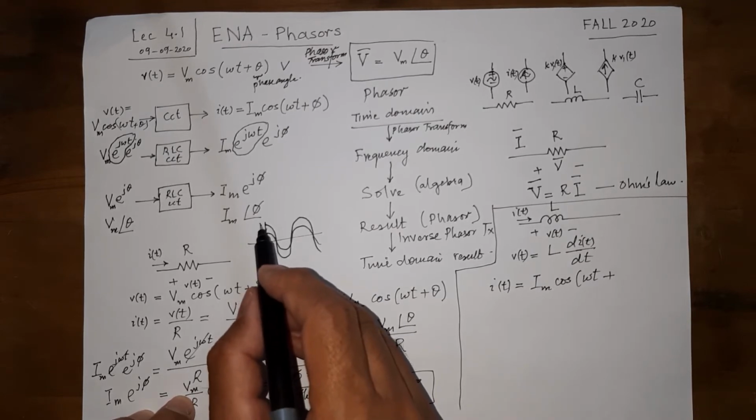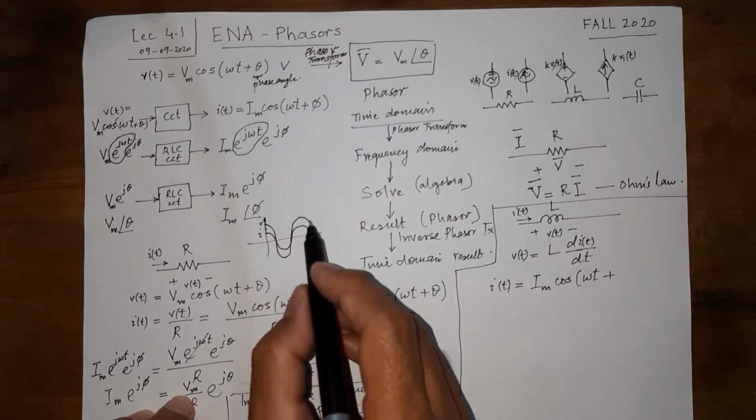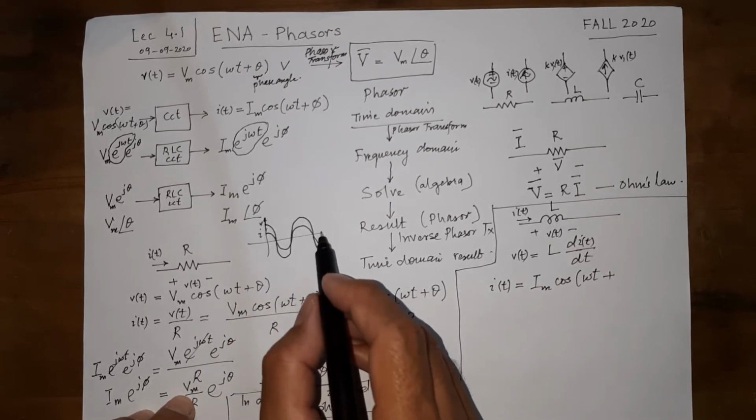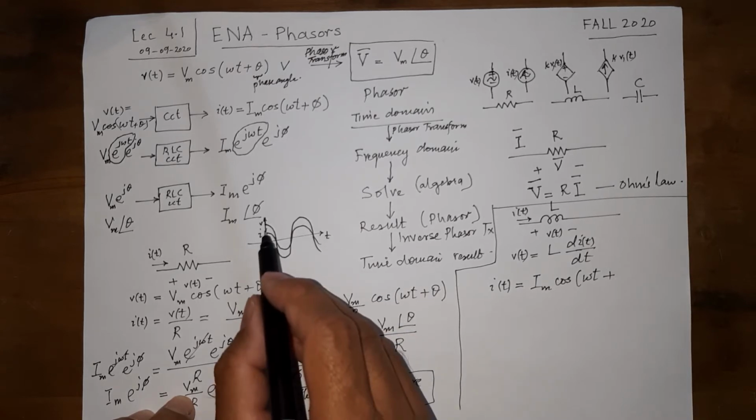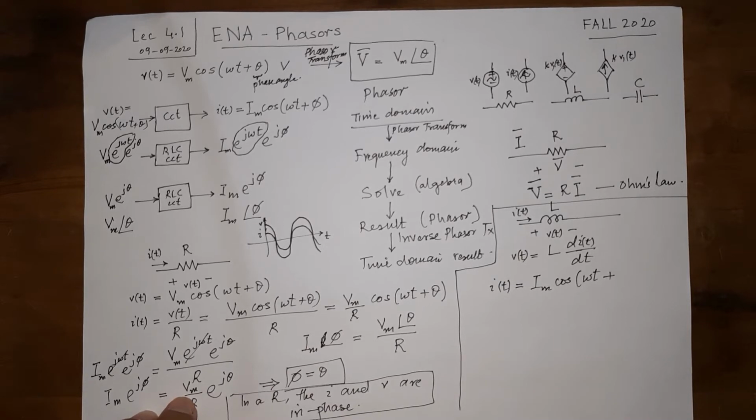So suppose this is I, this will be V, and if you see such sinusoids drawn, you can very easily tell that this voltage and current must belong to a resistance, or a resistive circuit, or a circuit that ultimately can be seen as equivalent to a resistive network.